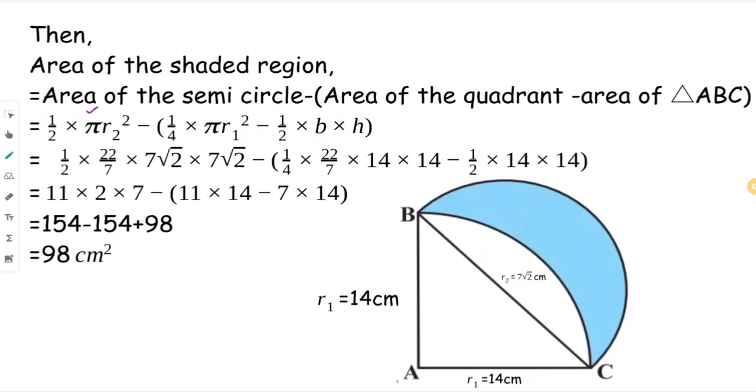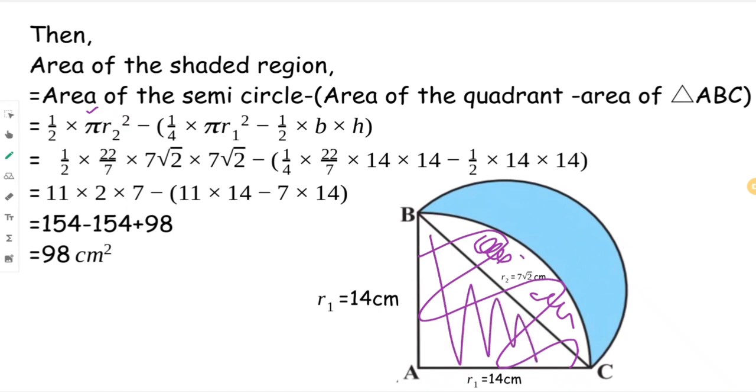So once again, remember, first we'll try to get this region, right? So how do you get this? Area of the quadrant minus area of this triangle, I'll get this region. So you can see here, area of the quadrant minus area of triangle ABC, alright? So now once I get this, I just have to subtract it from the area of the semicircle, right?